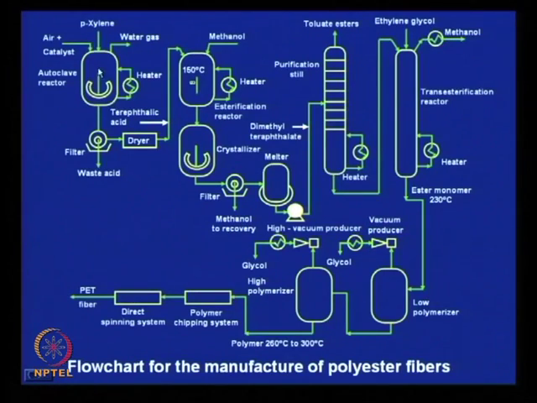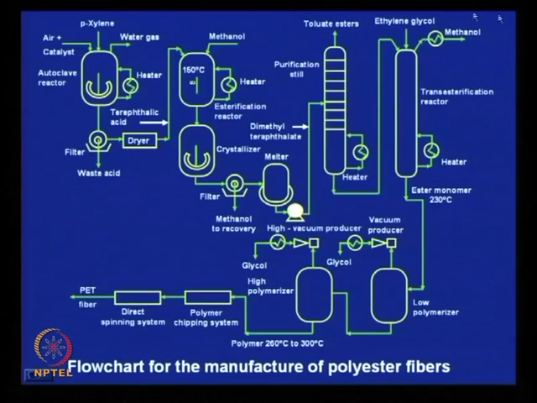So, what you see here is a reactor type where this terephthalic acid is synthesized. That means, in that installation, instead of buying DMT, that manufacturer manufactures this DMT in their own plant.